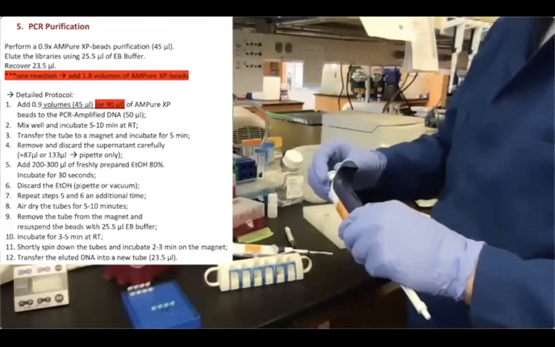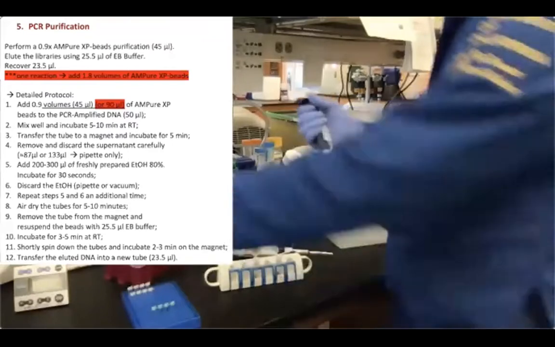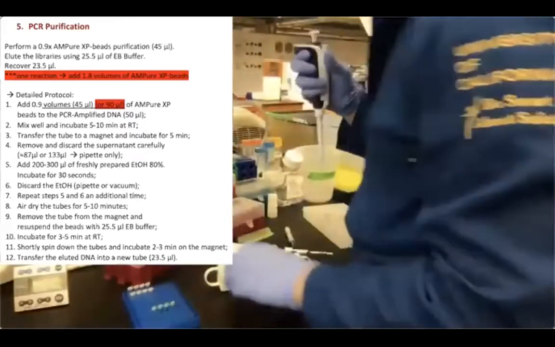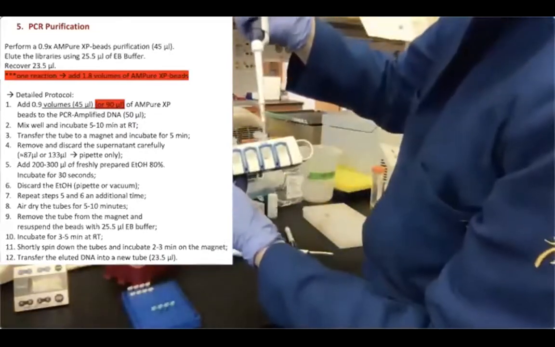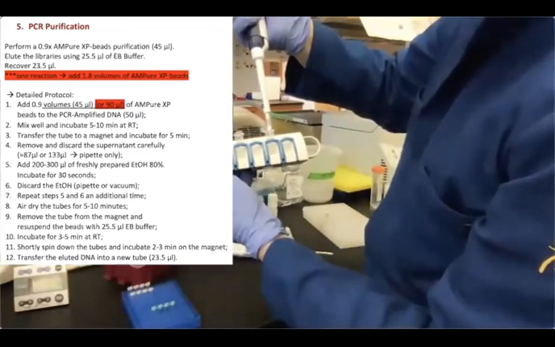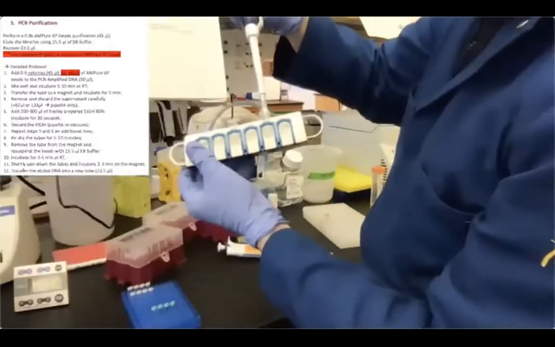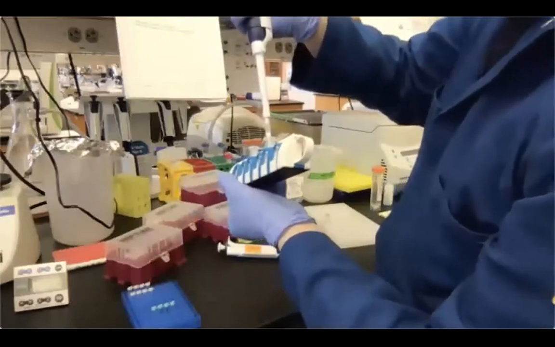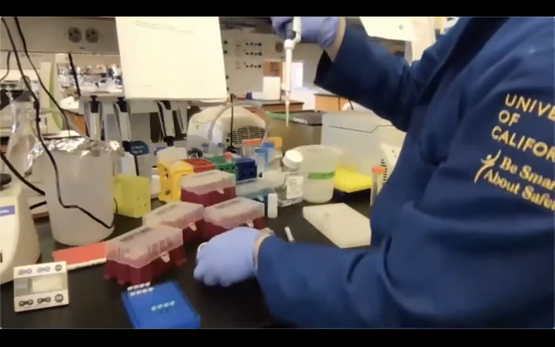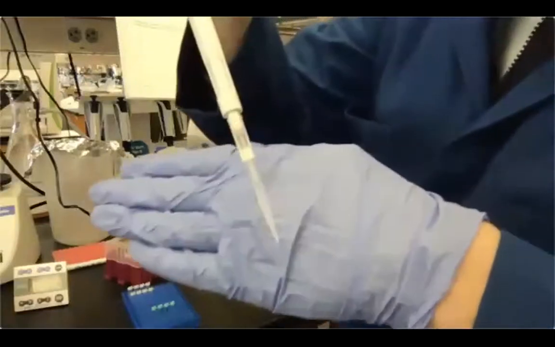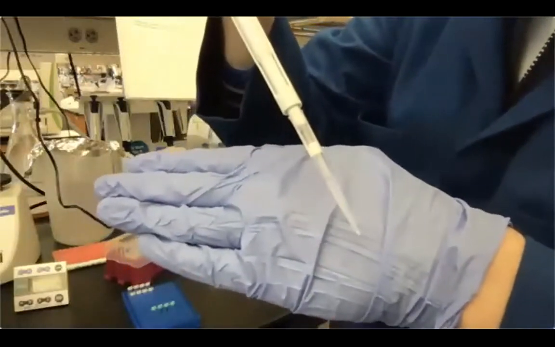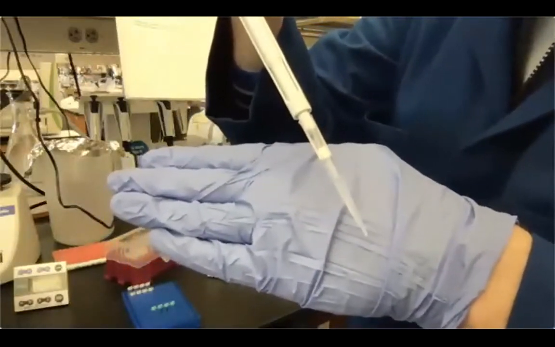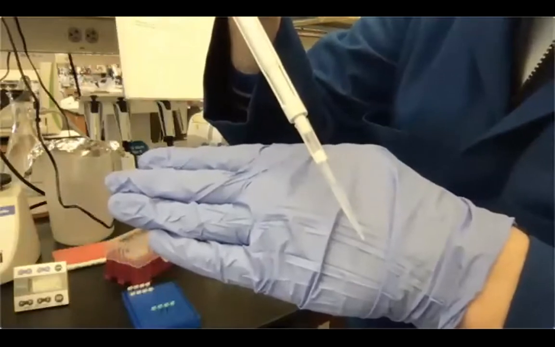So I'm just gonna remove 133 microliters for the sample B. Okay, so I'm going on the opposite side as the beads. And again, I just wanna check if I don't have any brown color on the tip.